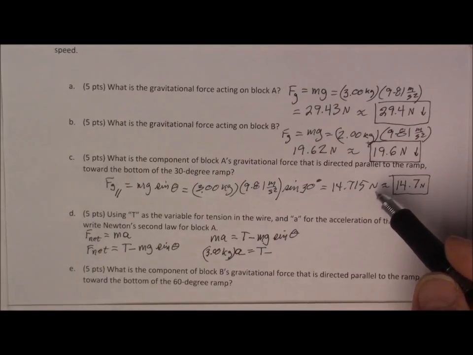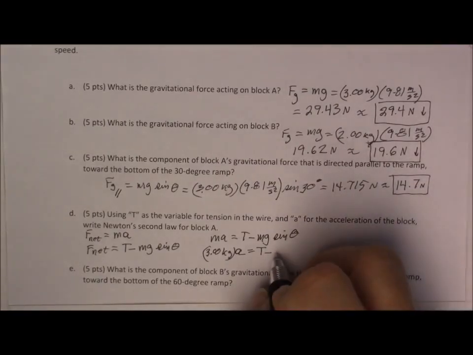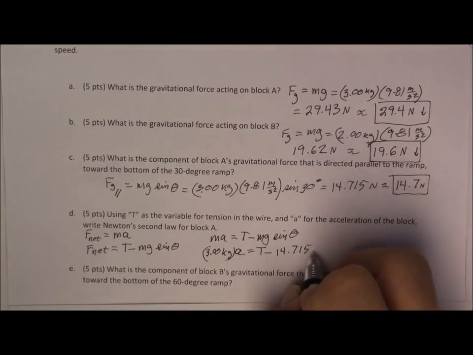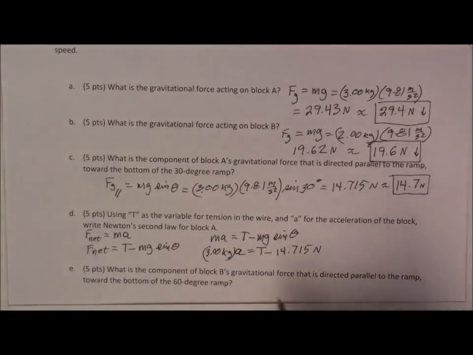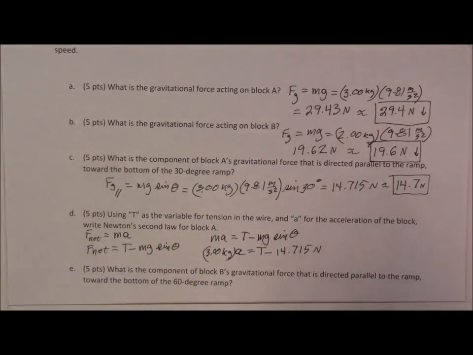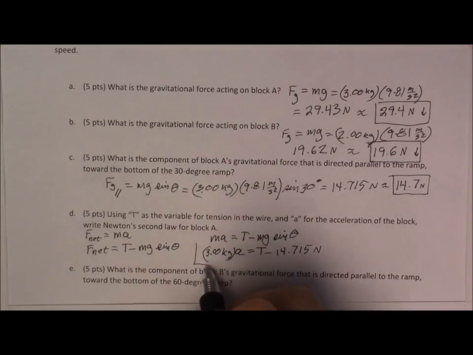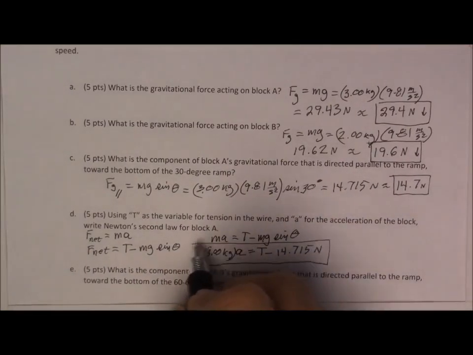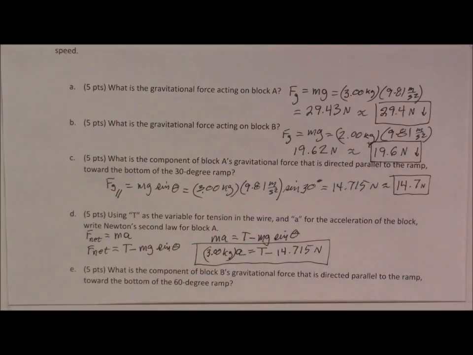So I'm just going to call that, for purposes of this, 14.715 newtons. And there we have it. That is Newton's second law written for block A, where the unknowns are T and a. So I'll draw a rectangle around that as my answer to that question.